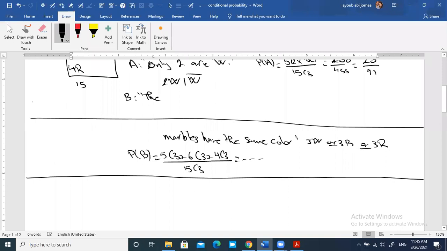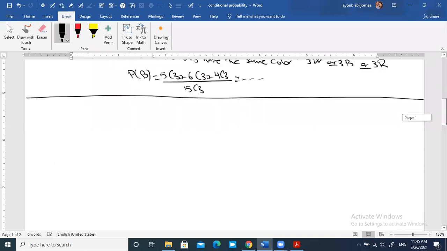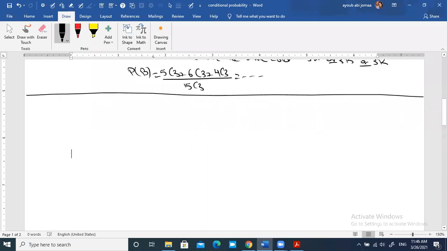I mean the probability of A bar, if you have an event A, and A bar is the opposite of A, it is 1 minus the probability of A. So the probability of A bar is 1 minus the probability of A. Or equivalently, the probability of A is 1 minus the probability of A bar.